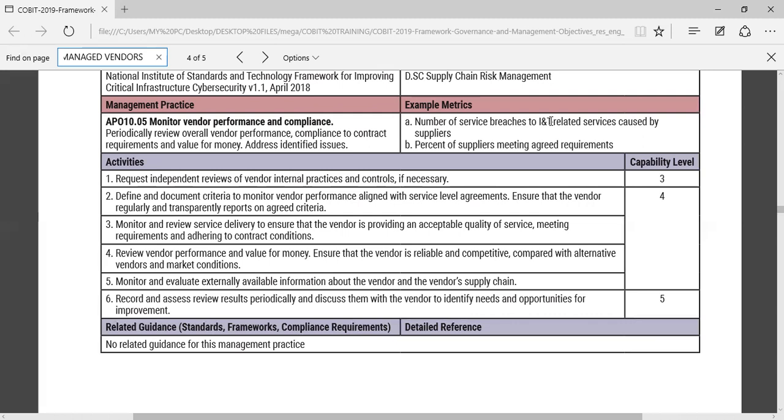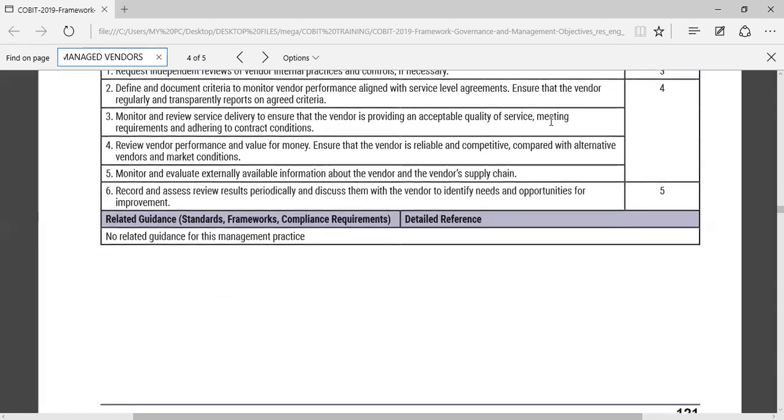So as much as possible, keep your eyes on as much information as possible about your vendor. Number 6, record and assess review results periodically and discuss them with the vendor to identify needs and opportunities for improvement. So these are the 6 activities under monitor vendor performance and compliance.